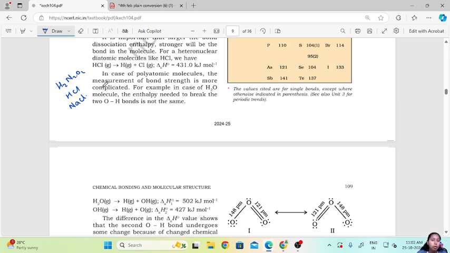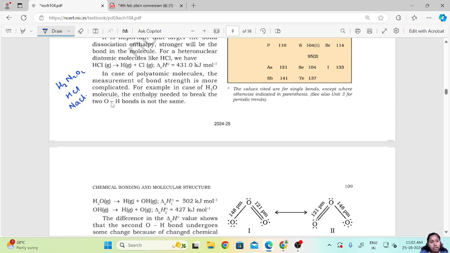Whereas when you have polyatomic molecules, when more than two bonds are involved, it becomes complicated to measure the enthalpy, because each bond will have a different energy requirement to break. For example, if I take the water molecule, the enthalpy needed to break two OH bonds.